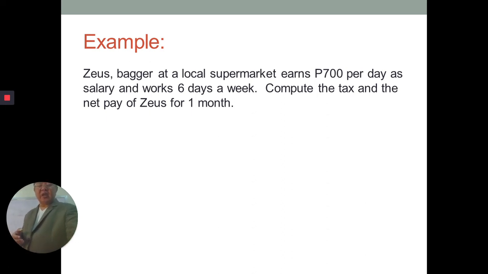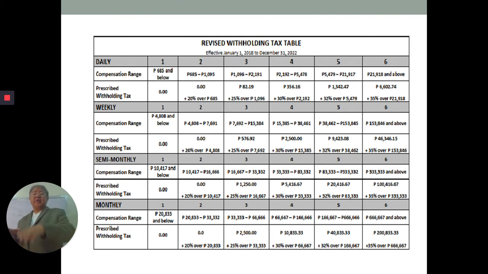Sorry, before we go there, this is the withholding tax table for compensation when the TRAIN law was effected or implemented. We have the daily wage, the weekly, the semi-monthly, and then the monthly. So how do you look at this table? If you look at the compensation range, if the taxable compensation for column 1 is 20,833 and below, that is not subject to any withholding tax.